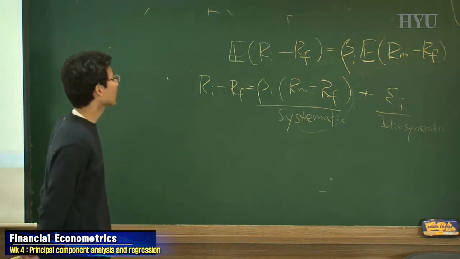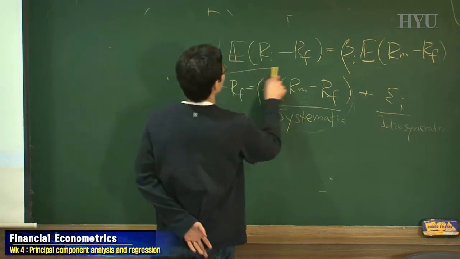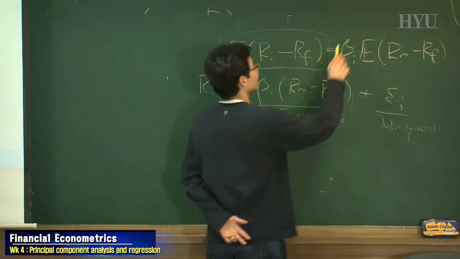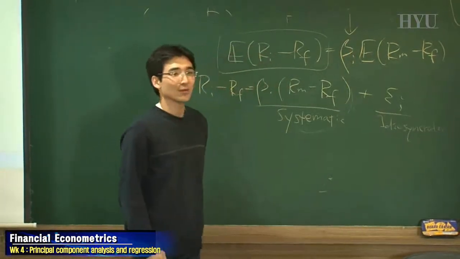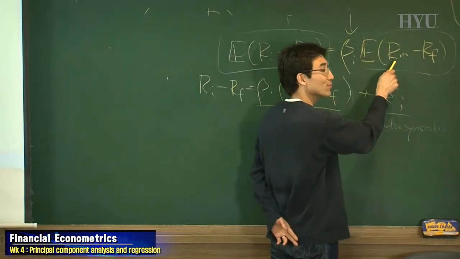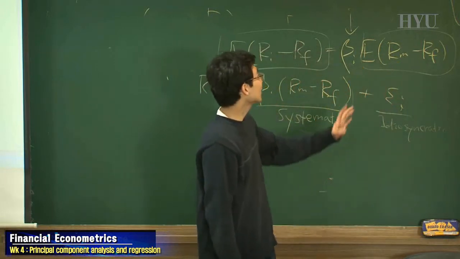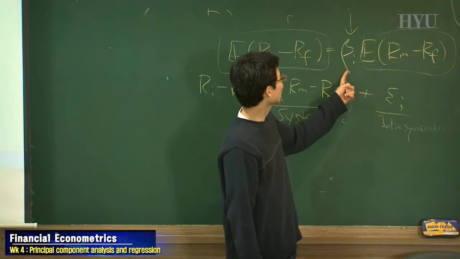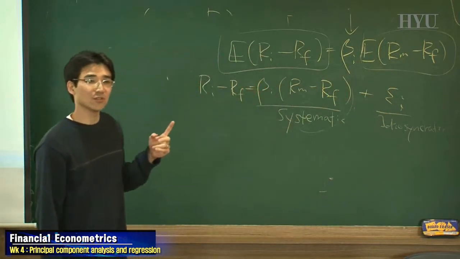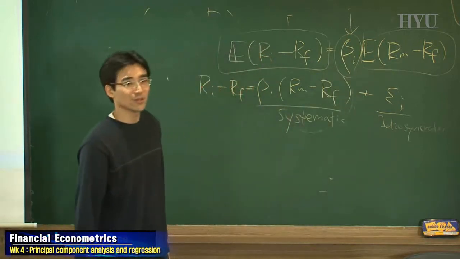So if you believe the capital asset pricing model, the expected return of any asset is entirely driven by this thing, right? Because every asset has exactly the same part, the market premium. So for every asset, this part is the same. The only different part is beta, so the differences among individual assets are entirely explained by this part.